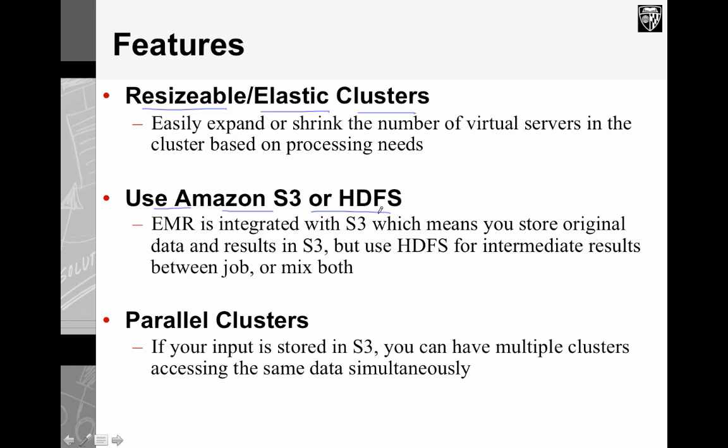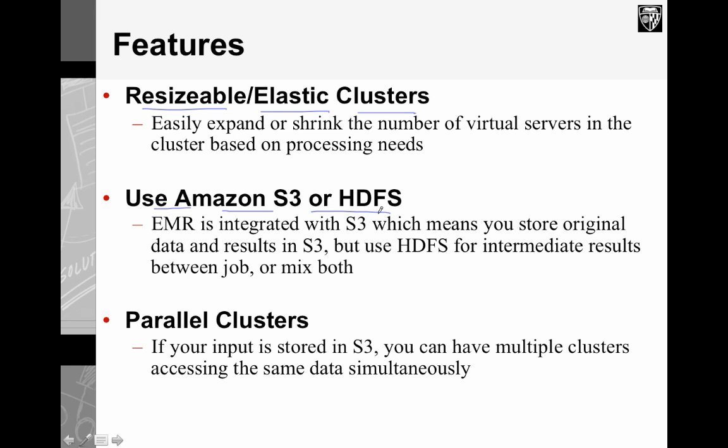One of the cool things about AWS EMR is that it actually integrates with S3. So you can actually have all the data in S3, and then you can have your MapReduce program run in the cluster, which will pull the data from S3, process the data, and write data back into S3.